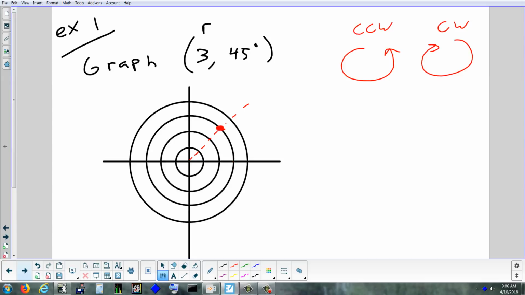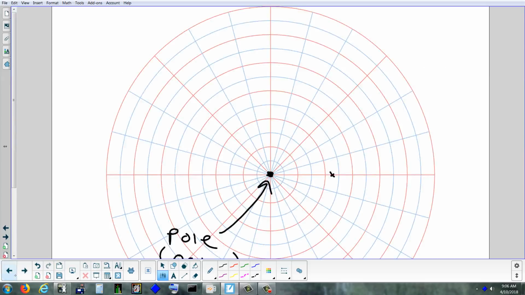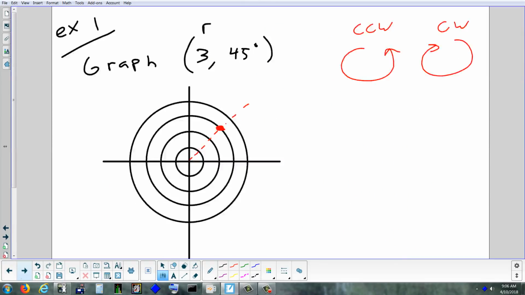Some graph paper, if you actually use polar graph paper, they already have the divisions on it for you. So these are divisions of 15: 0, 15, 30, 45, 60, 75, and then 90 is straight up. So that is one nice thing about having graph paper. You can be a little more accurate. So on a test, if you put it right there, that's perfect.